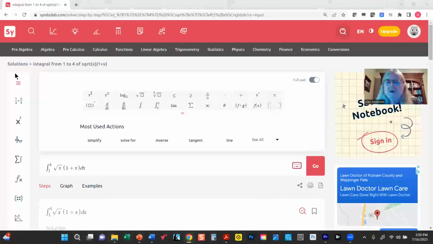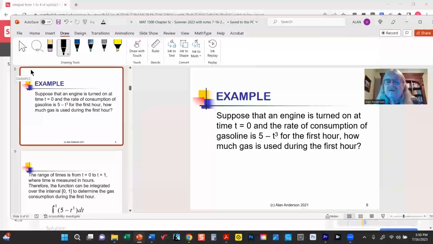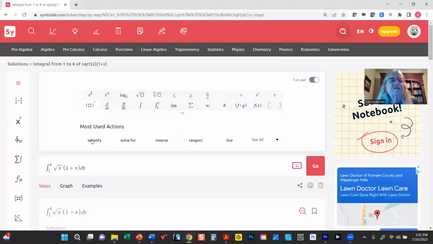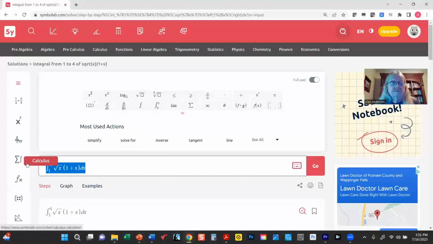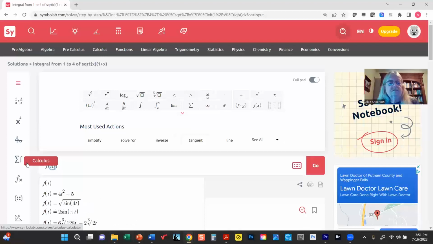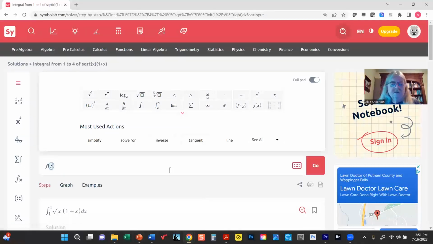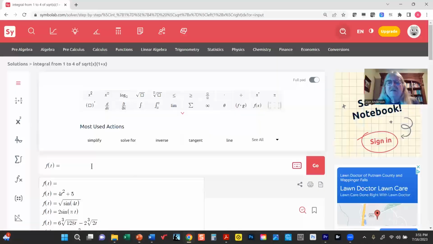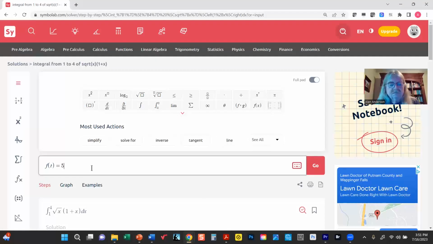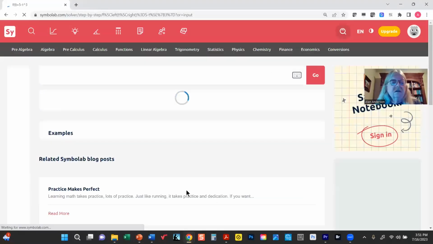What do we have here? The function is 5 minus, first let's just graph the function. F of t, we'll call it, equals 5 minus t cubed. So we'll see what that graph looks like.